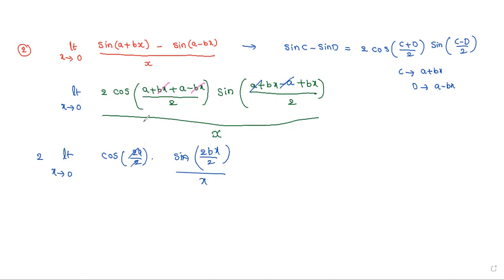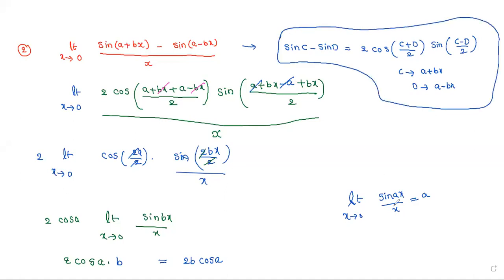So cos a is also constant, 2 cos a is a constant. Limit x tends to 0, sin bx by x, that is the value. The formula is sin ax by x equals a, so here it is b. So finally, 2b cos a.